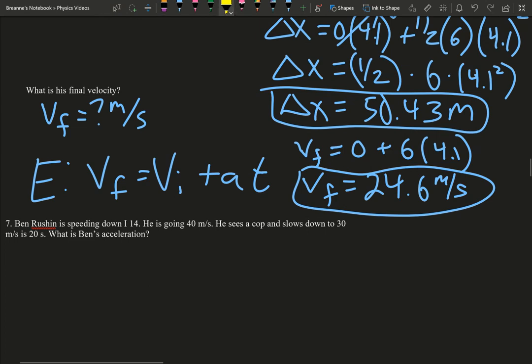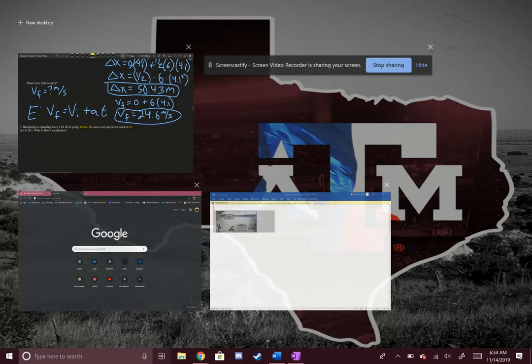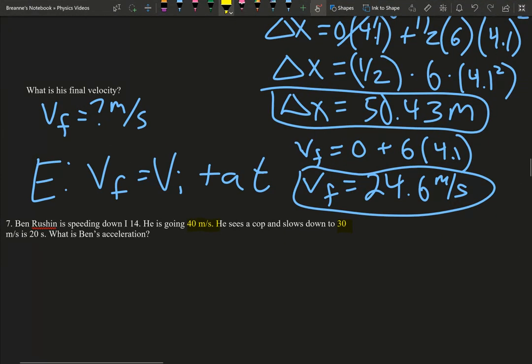So a couple of givens. We have the 40 meters per second. We have that he slows down to 30 meters per second. And then we have his 20 seconds. And we're looking for acceleration.